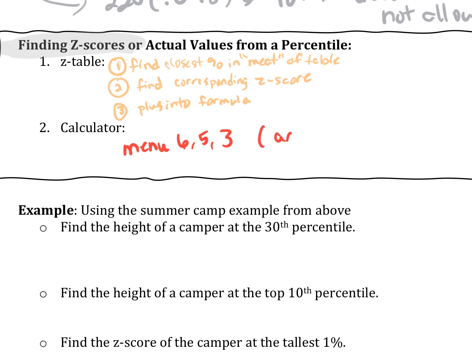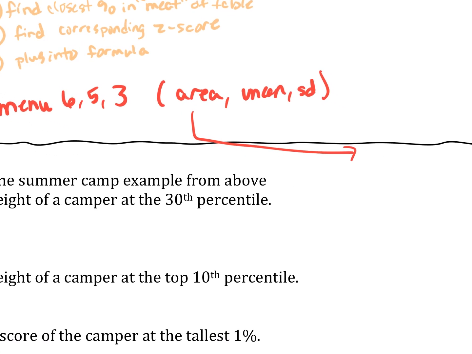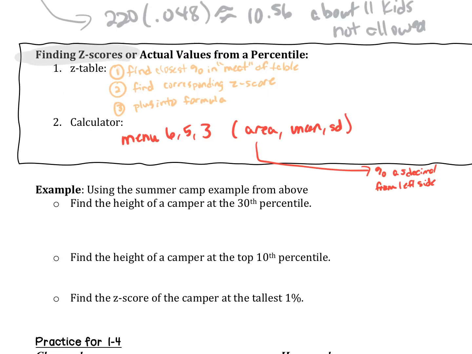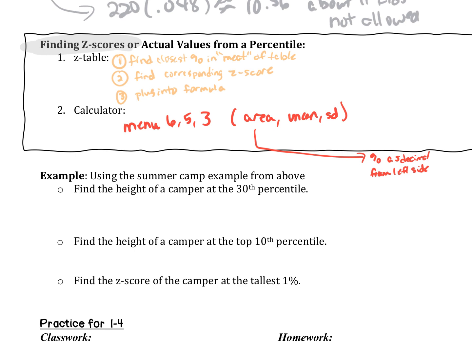For your area, you want to do your percent as a decimal from the left side. I don't know if I'm explaining that very well, so we'll look at an example of how you're plugging in, okay?